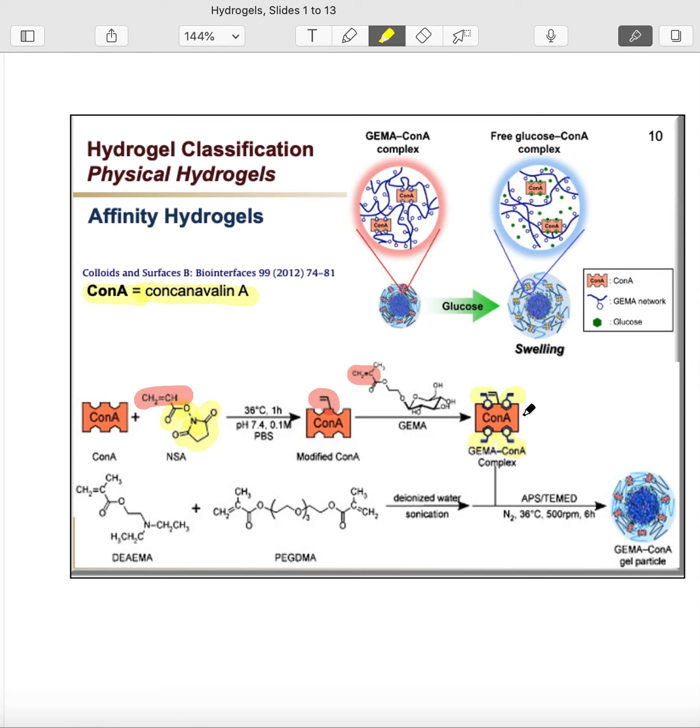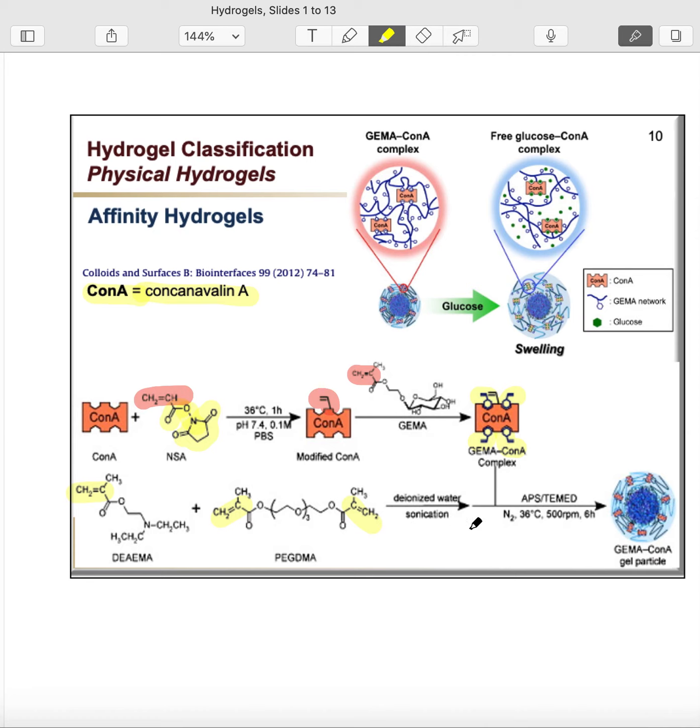So the next thing that they did is that they mixed that complex together with a monomer, diethyl amino ethyl methacrylate. Again, notice that it has that vinyl group right here to be able to enable it to be polymerized. And then they also included polyethylene glycol dimethacrylate, which acts as the cross-linker because it has two of those vinyl groups.